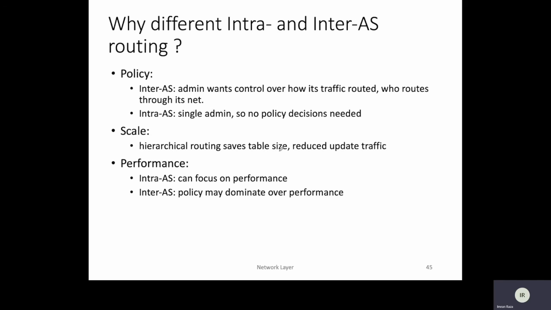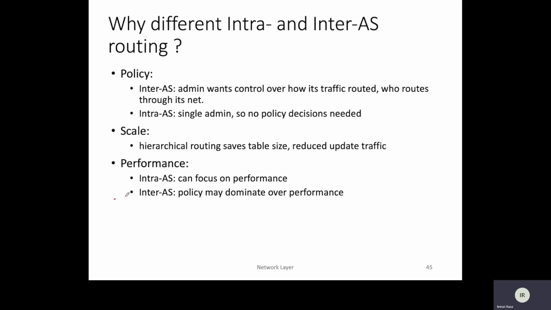We'd have huge table sizes and many updates. We might have consumed all the available bandwidth by sending update messages, right? So it was not scalable. So intra-autonomous system routing protocols are not scalable, whereas inter-autonomous system routing protocols are scalable. And then let's talk about the performance.